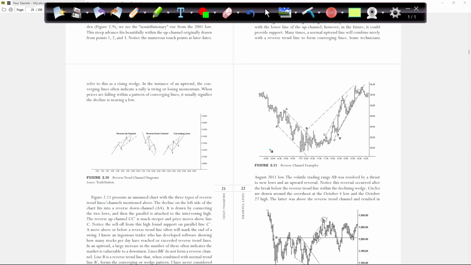Figure 2.11. Let's draw a rectangle here. Figure 2.11, reverse channel examples, presents an unnamed chart with the three types of reverse trend line channels mentioned above.